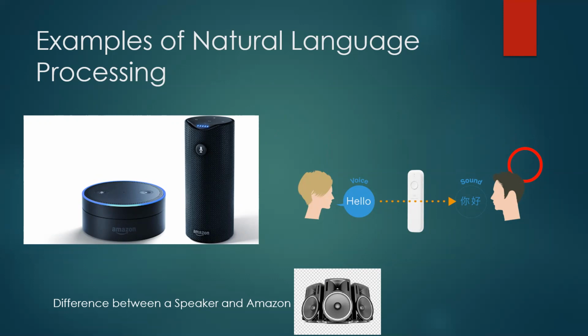You need to use interfaces to communicate to a machine. That barrier is crossed by natural language processing. This is a great example of how Alexa has converted from a normal speaker to a natural language processing speaker. You can simply say to him, turn off my lights, and he will understand that I want to turn off the lights of a particular room.